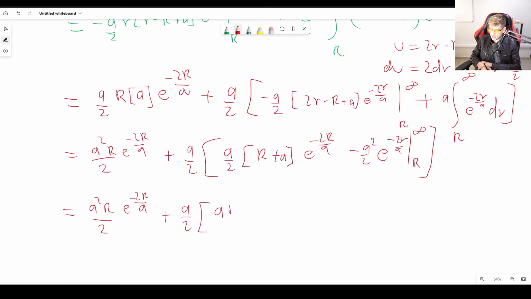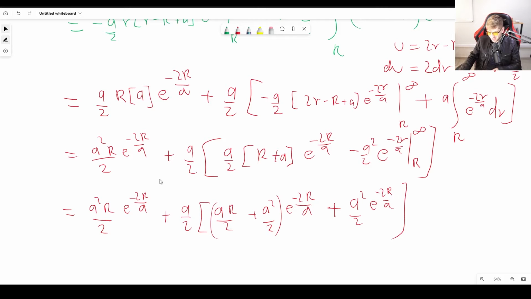So we get a R over 2 plus a squared over 2. And then both of these are multiplied by this exponential. So e to the minus 2r over a. And then we have this thing. So at infinity, this is 0. So we're only left with the second part. It becomes positive again. So a squared over 2 e to the minus 2 big R over a.